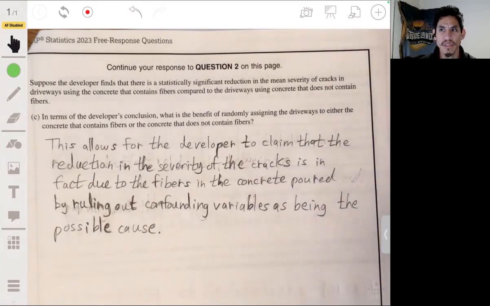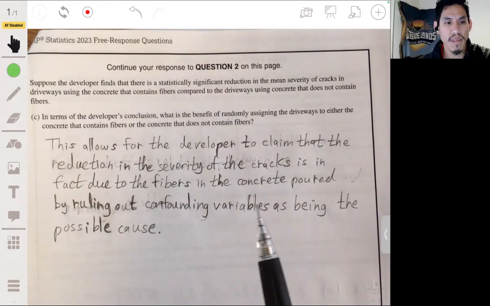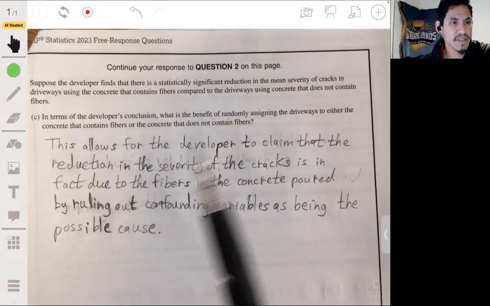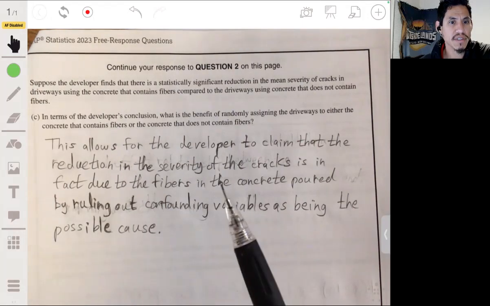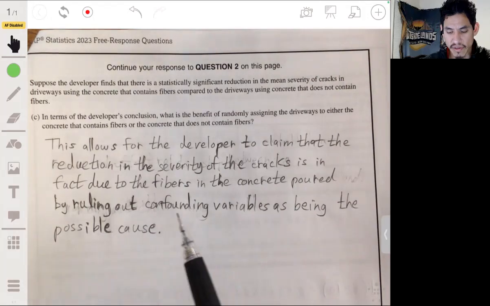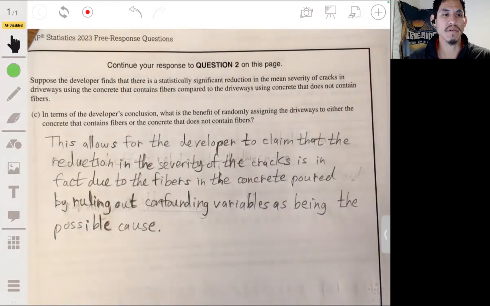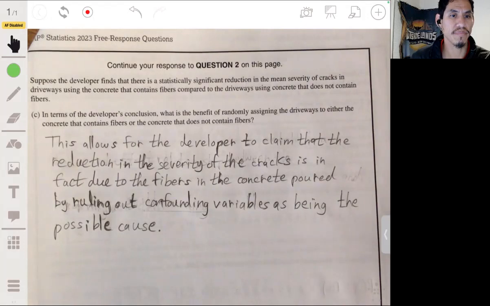There are some other variables that can influence how cracked the concrete could be. So you can mention specific situations or examples, but the main thing you want to address is that random assignment allows us to rule out confounding variables as being the cause of the reduction in the severity of the cracking of the driveways.